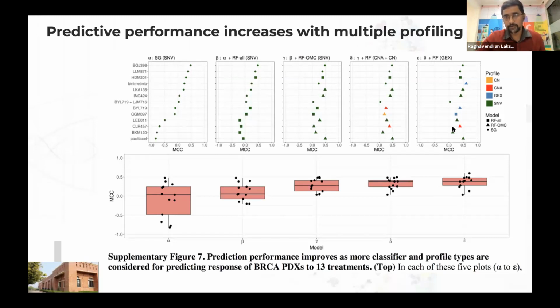So to quantify, we could predict correctly 19 out of 26 treatment regimes.